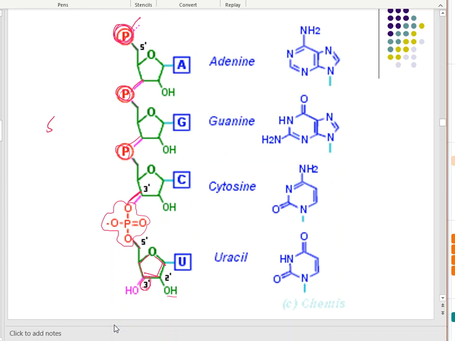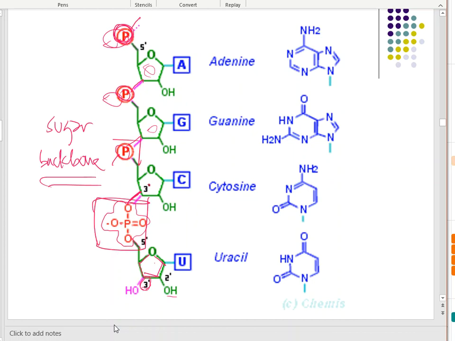This is what we call our sugar backbone of the DNA molecule. Okay? So sugar, phosphate, sugar, phosphate, sugar, phosphate, sugar, phosphate. That is the way that it is ordered. And all of those sugars are connected through a phosphate group, every single one of them down the line. This is our sugar backbone of DNA.